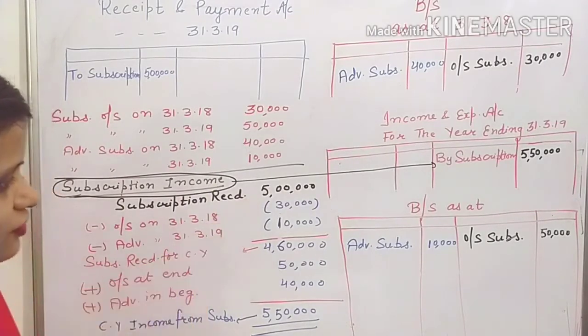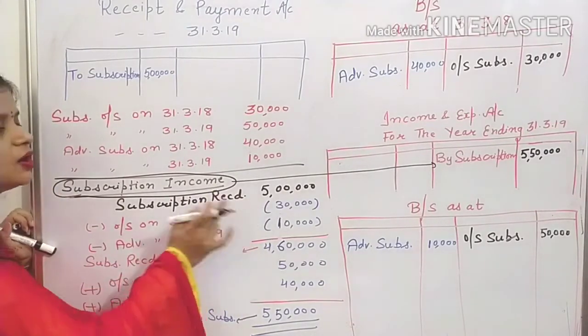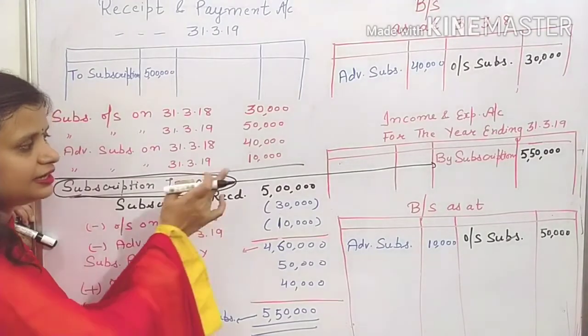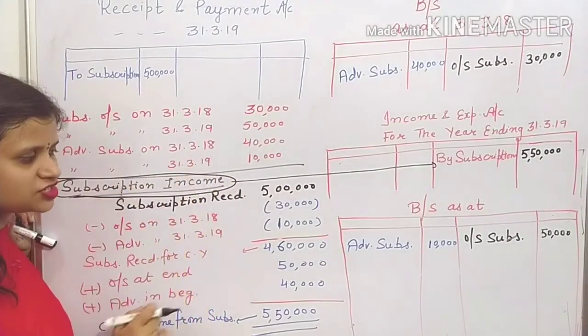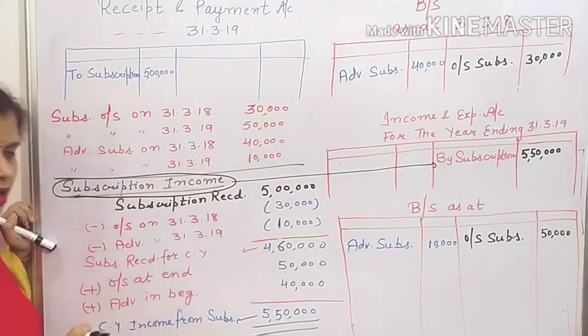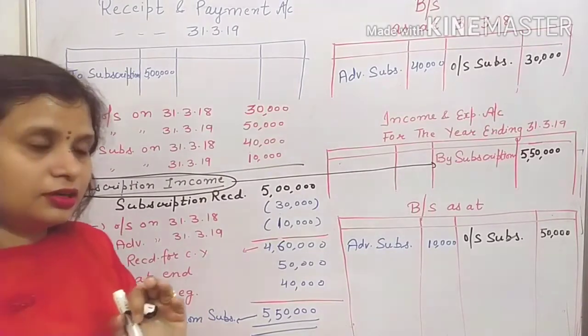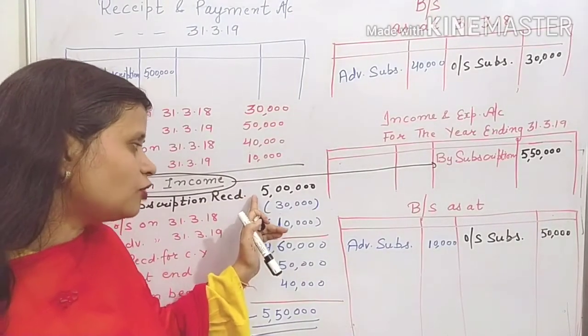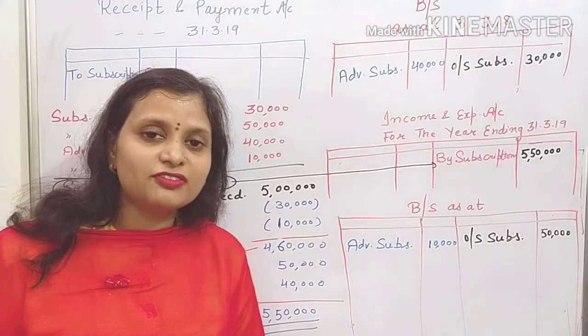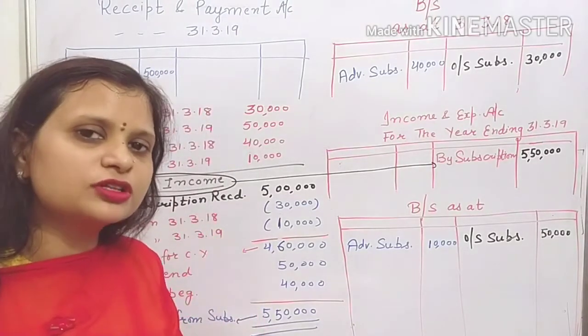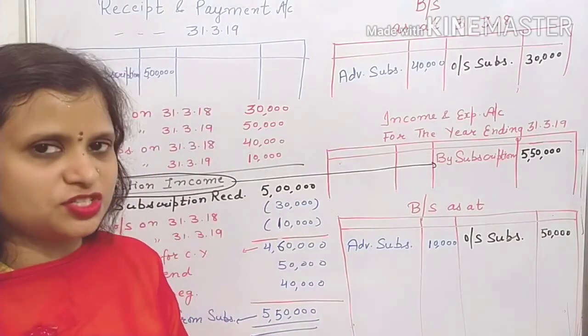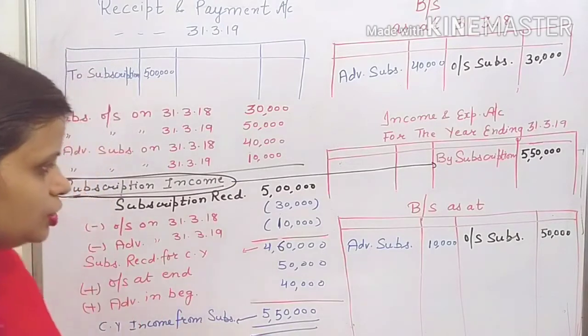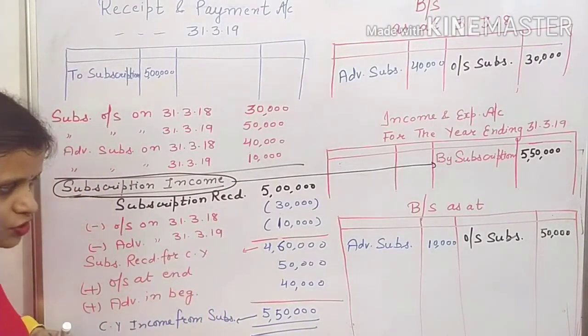So out of this 5 lakh you will deduct this 30,000. Similarly, 10,000 you have received for the next year, that you will deduct. Simply keep in mind, out of subscription received, whatever is received for the previous year or for the next year, you will deduct. So we deduct both of these amounts.